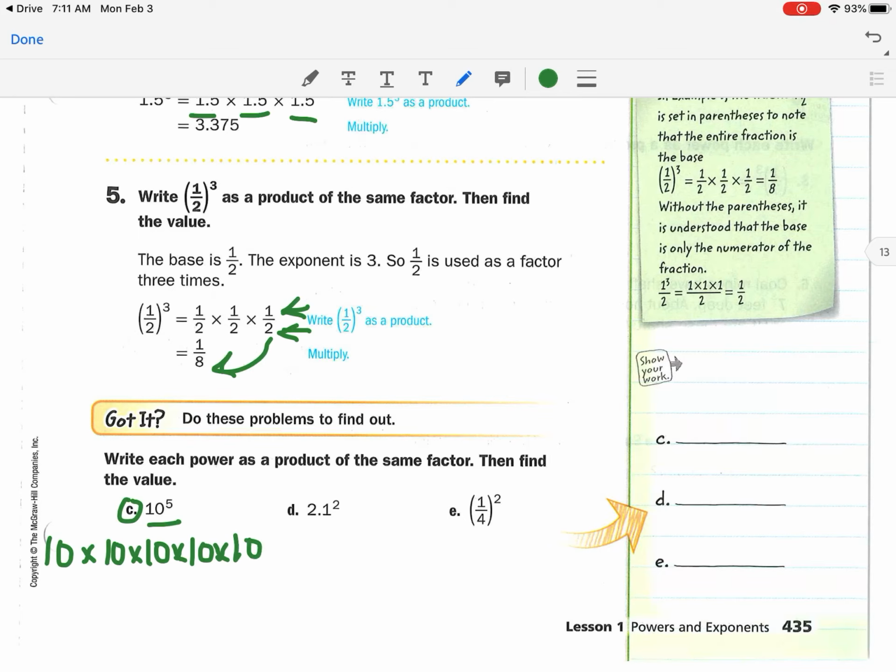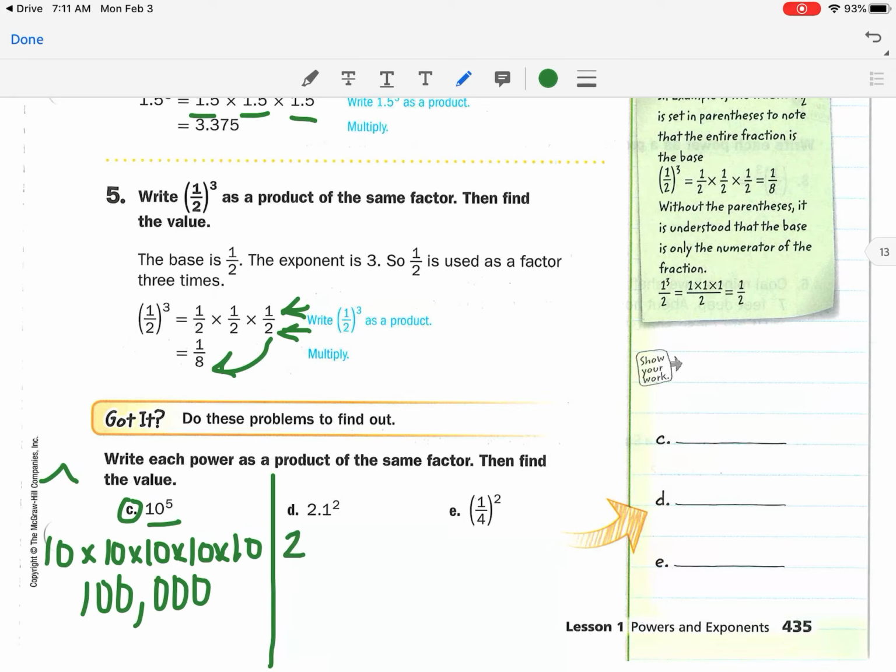Now, when we use our calculator, we talked about that little caret right before where you could actually do that, or you could type in 10 times 10 times 10 times 10 times 10. So if we do 10 to the fifth, we end up getting 100,000.